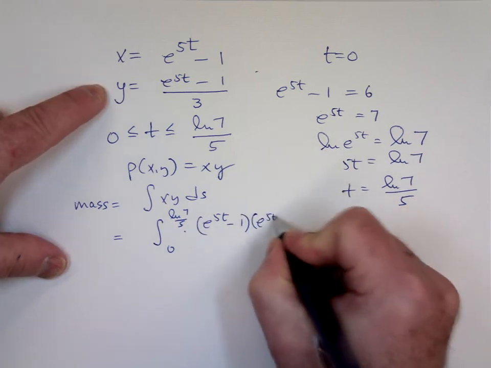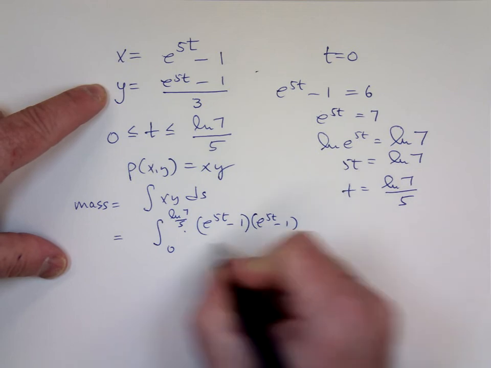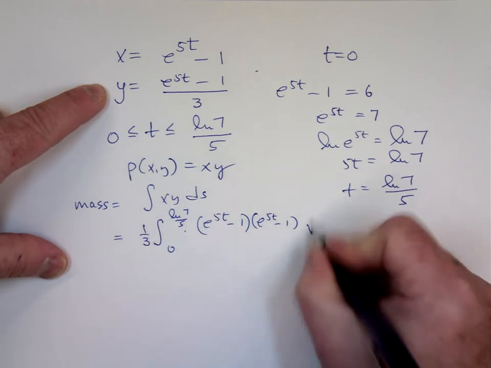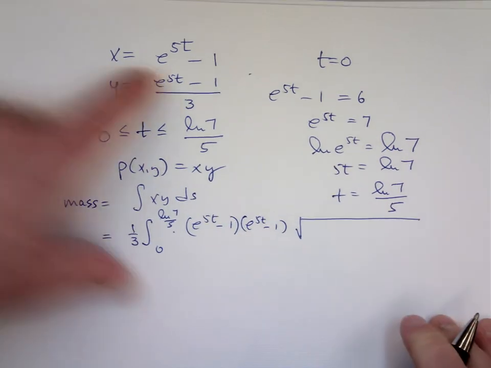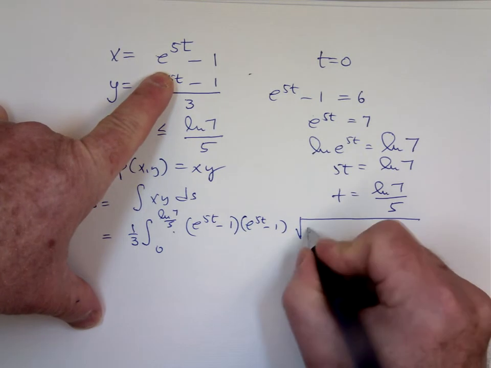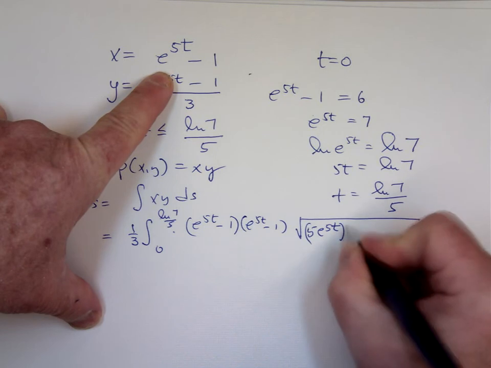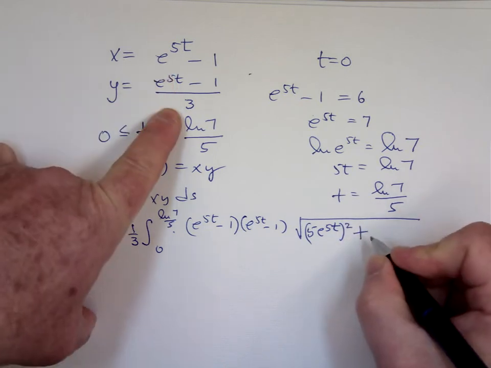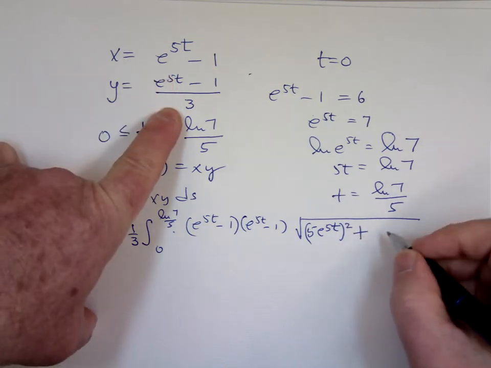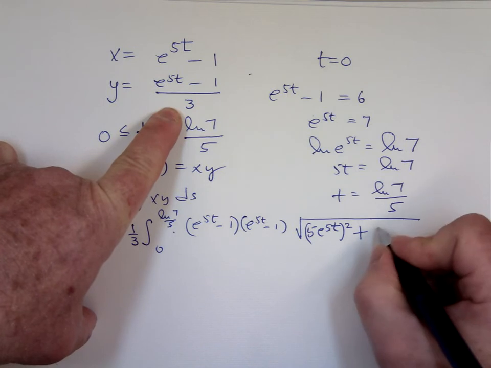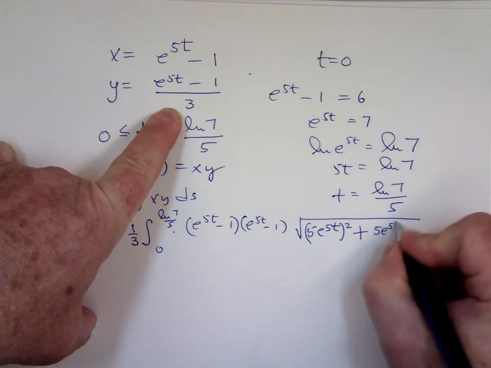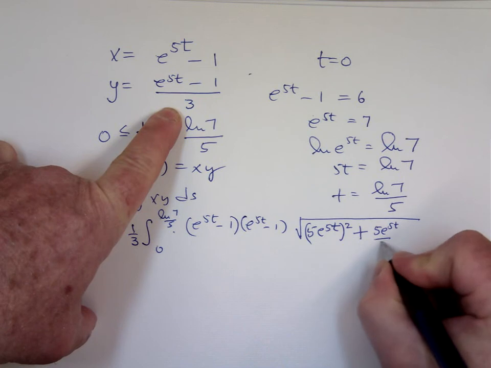I'm going to take that 3 out. Square root of the derivative 5 e to the 5t squared plus the derivative, that's another 5 e to the 5t, but it's over 3. So you get 5 e to the 5t over 3 squared dt.